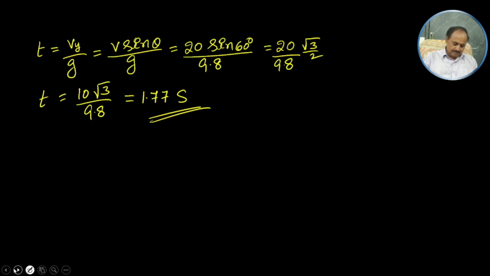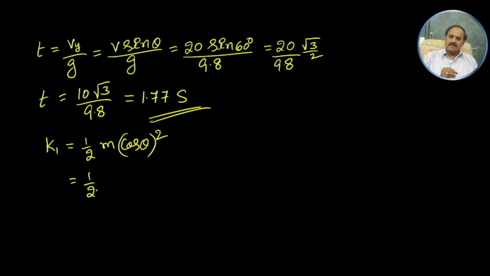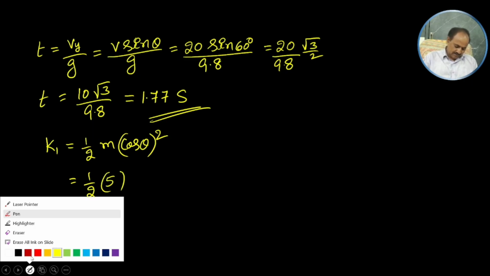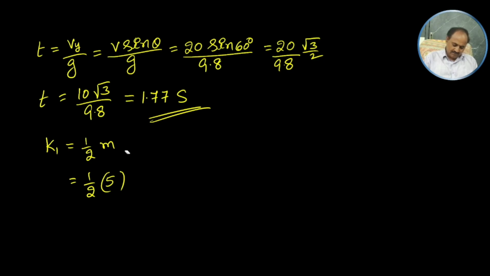For that, let us write the initial kinetic energy. Initial kinetic energy equals half m times the horizontal component of velocity, V cos theta, whole square, because both are separating horizontally. I should be very careful: half m v square, where v should be the horizontal component, V cos 60 whole square.